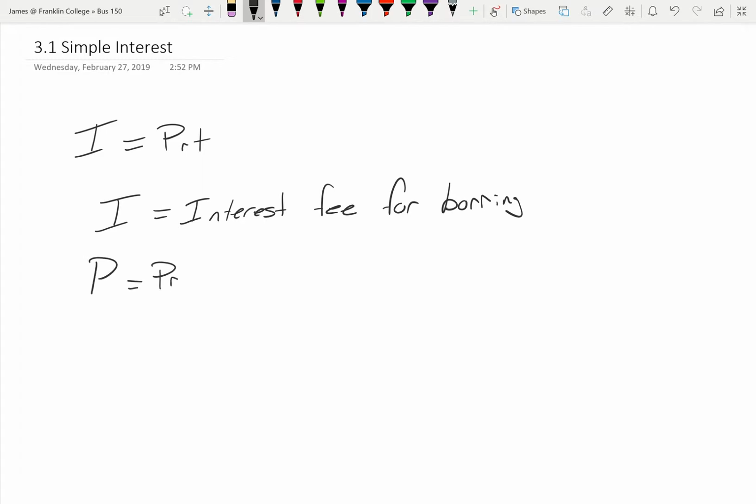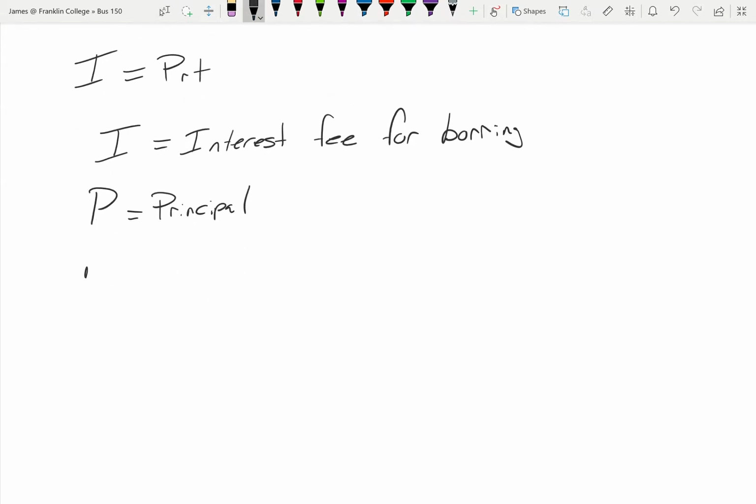P is going to be the principal. How much is the original amount? R is going to be the annual interest rate that we're going to be interested in. And T equals time in years.